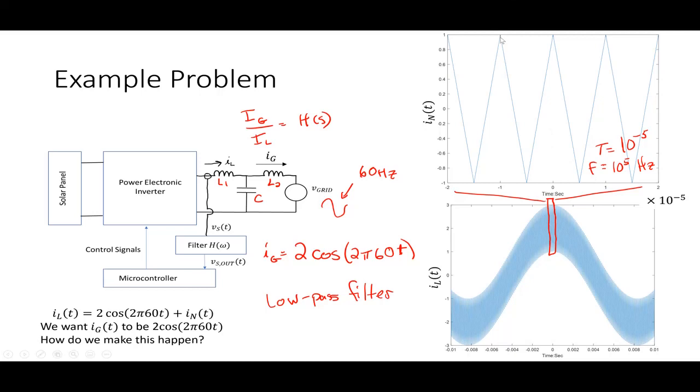What I'm saying is I want that 1 amp amplitude to become 1 times 0.01, or less than 1%. So 1 times 0.01 is 0.01. I have 1 amp in, and I'm getting 10 milliamps out, so I'm reducing that 1 amp signal to a 10 milliamp signal or less.